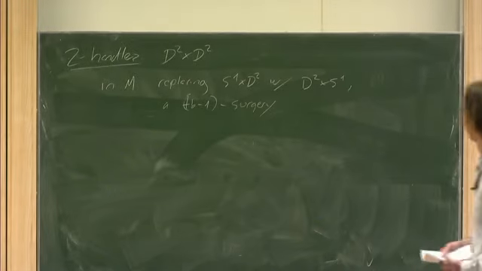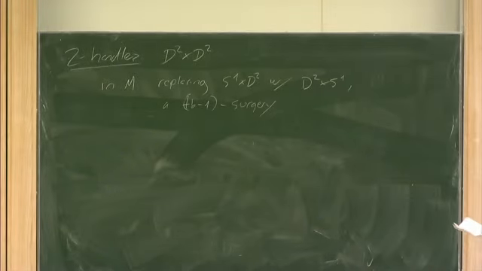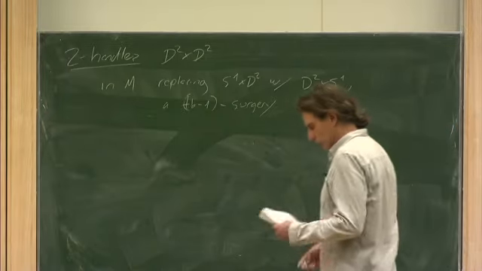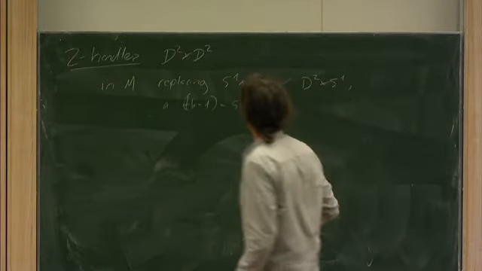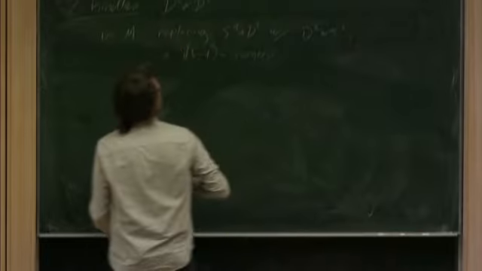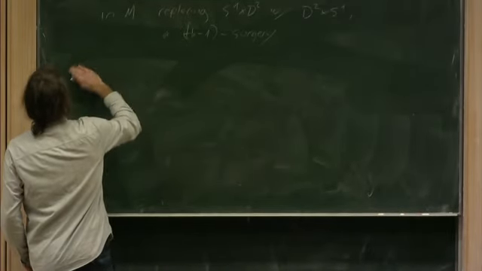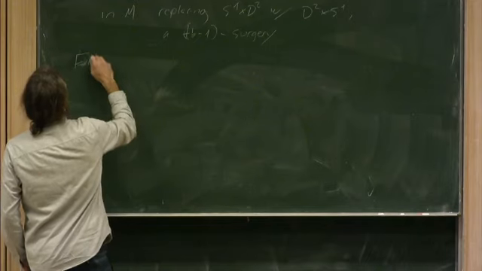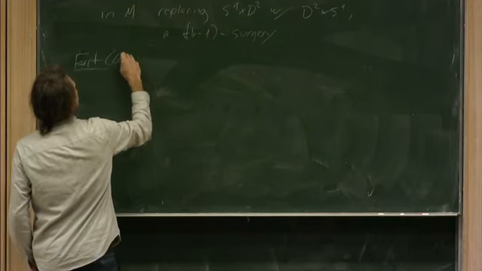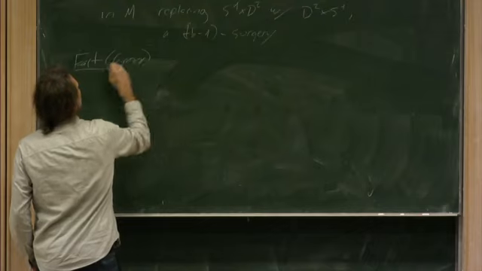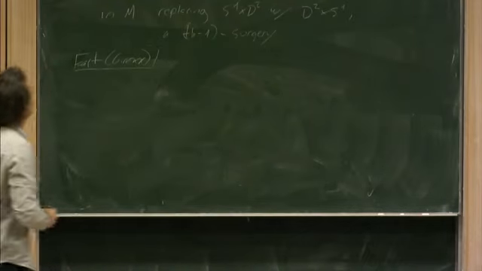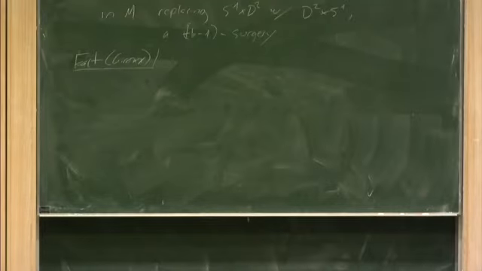So we need to know a little bit about how Legendrians interact with open book decompositions. So let me just give you a fact, which I'll attribute to Giroux. There's a bunch of different ways of seeing this, but his is the easiest.